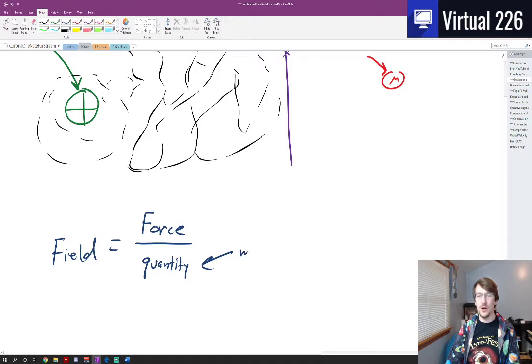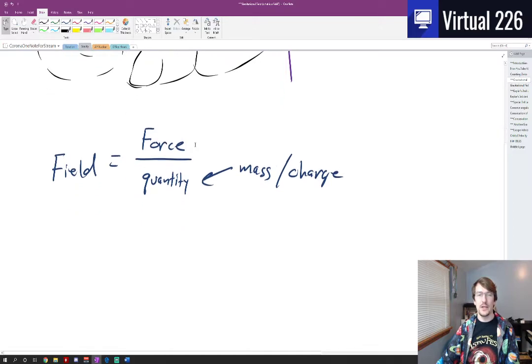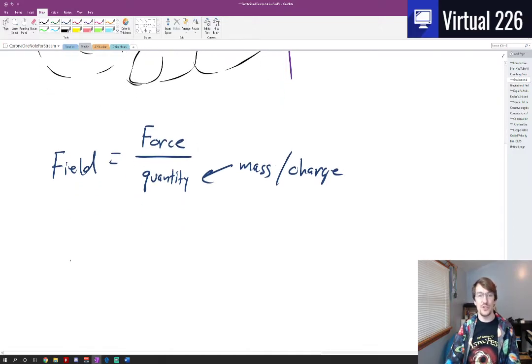For us, this quantity is going to be mass, but it could be something like a charge if you were looking at an electric field. For our gravitational field, little g, we can call that equal to a force divided by mass. So it's like a force per some amount of mass you have in existence.